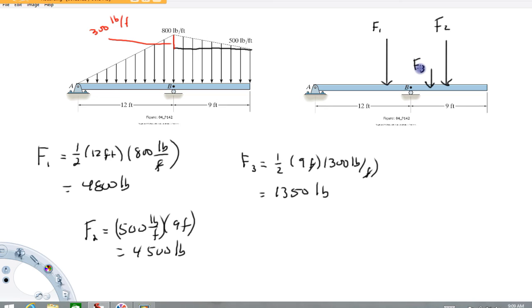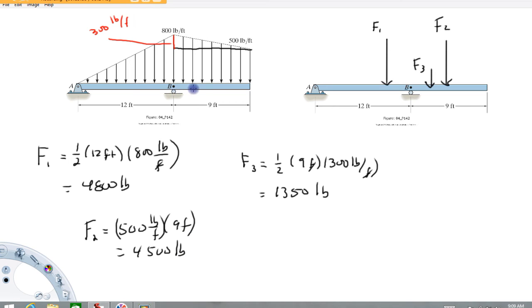So what I've done here is I have taken this triangular load, replaced it with a force F1 equal to this magnitude, area under the triangle. Took this trapezoidal load and treated it as a rectangular load and a triangular load on top of it. Area of the rectangle is 4,500 pounds.